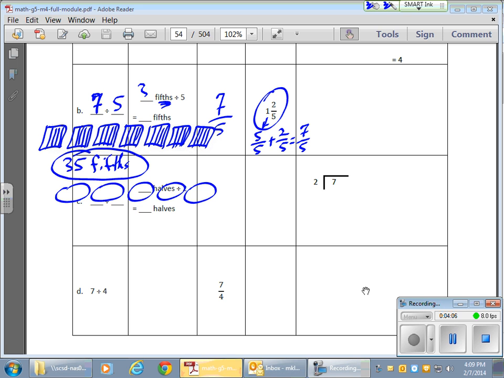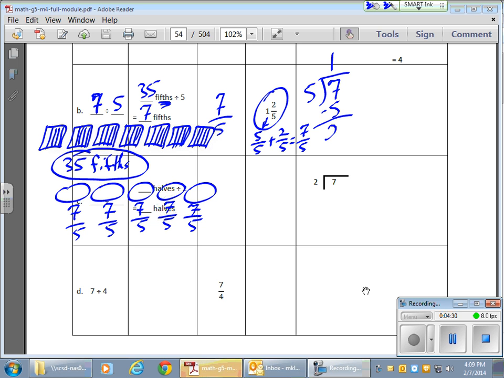Divided by 5, which gives me 7/5, because each of these is going to receive 7 of those fifths, 1/5 from each of those wholes. And that's how it's going to work. Now, for my algorithm, I'm going to take 7 and divide it by 5. 5 goes into 7 once. For 5, I have 2 left.